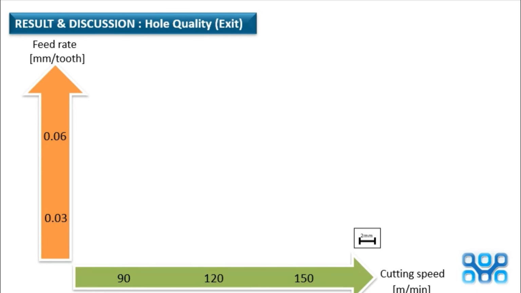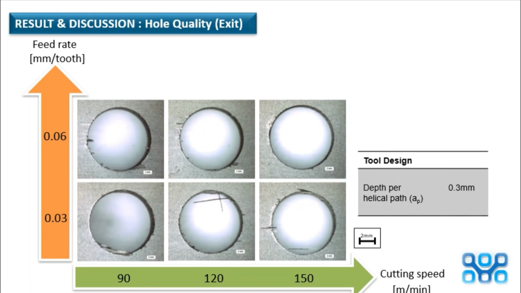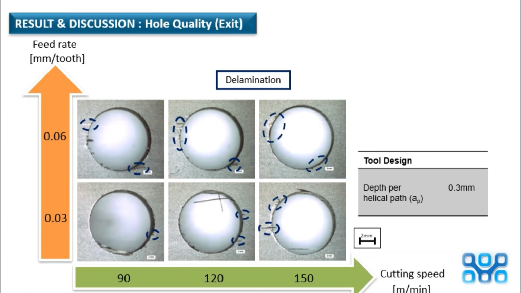So we move on to the hole quality, the exit area. First of all, for the 0.3 mm depth per helical path, you can see that delamination occurs a lot at the 0.06 mm per tooth feed rate. We can also see that there is uncut fiber.